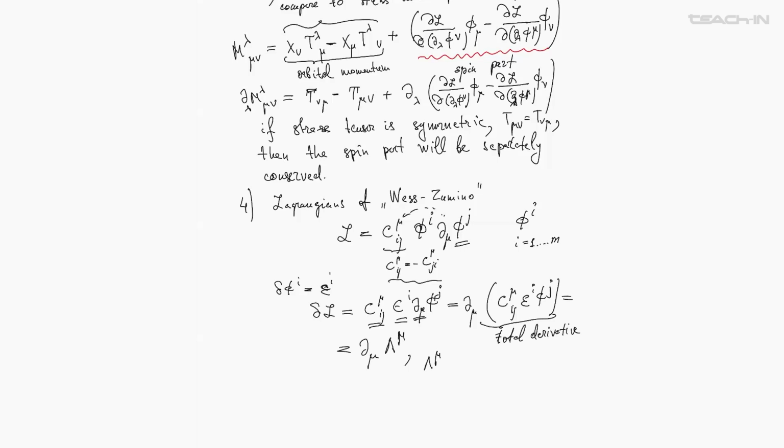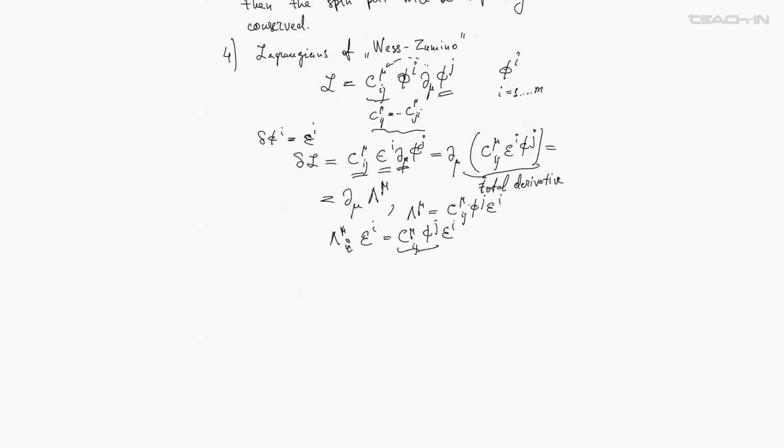If you write it as lambda mu I epsilon I, then lambda mu I is C mu ij phi j.